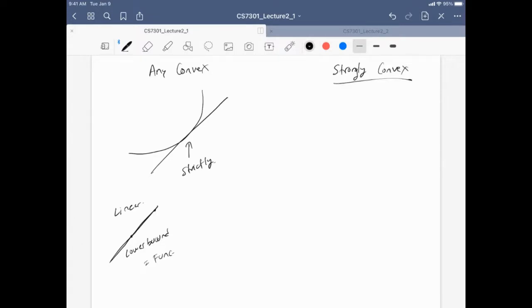A strongly convex function essentially has a quadratic lower bound. Sorry, maybe my drawing is not accurate, but imagine that this is a quadratic function. So I have my f(y), and f(y) is greater than or equal to this quadratic function of y.